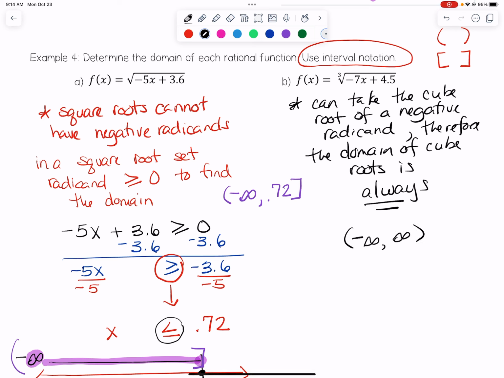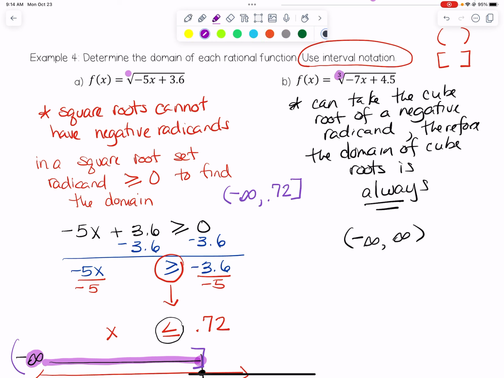It will include every x value, okay? So if you were to go into a graph and look at the cube root of something, whatever that is, you could see that it would include every single x value.